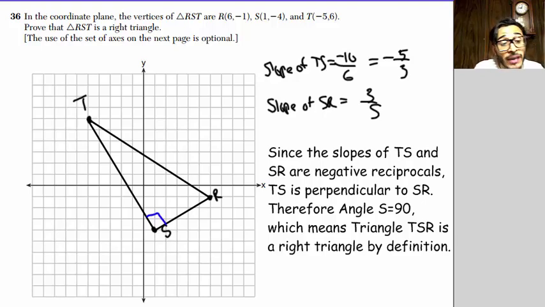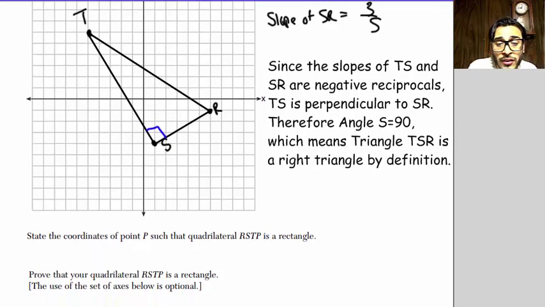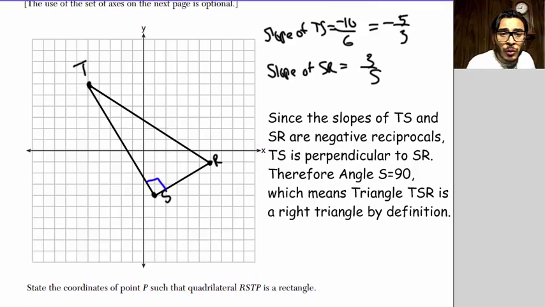Okay, lastly, well, actually not lastly, there's another part to this. State the coordinates of point P such that quadrilateral RSTP is a rectangle. So if we want to make a rectangle here, I need to follow the same slope of SR from point T. So you remember the slope of SR was up 3 over 5.